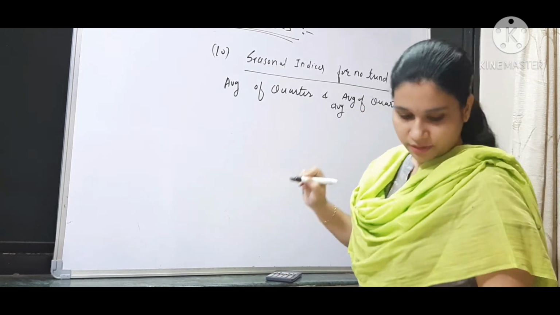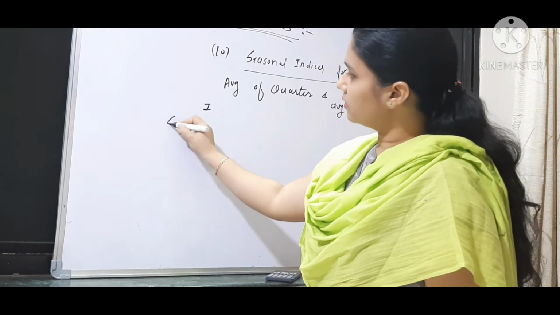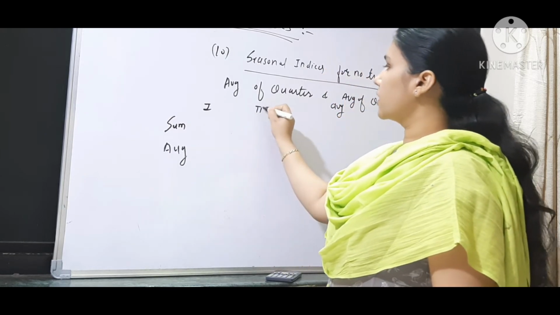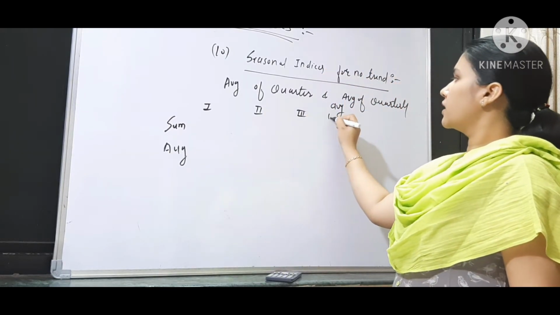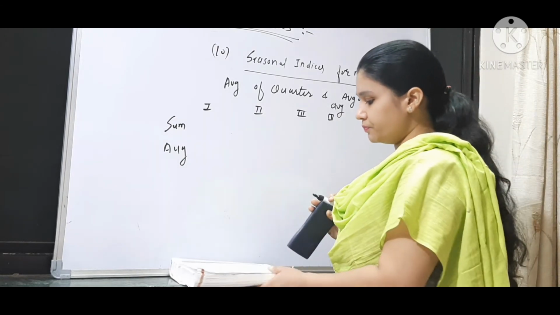So I will write what is the average of all the quarters. For each quarter we take the sum, then we will write the average. First quarter, second quarter, third quarter, and this is the fourth quarter. So for the first quarter, what is the sum?